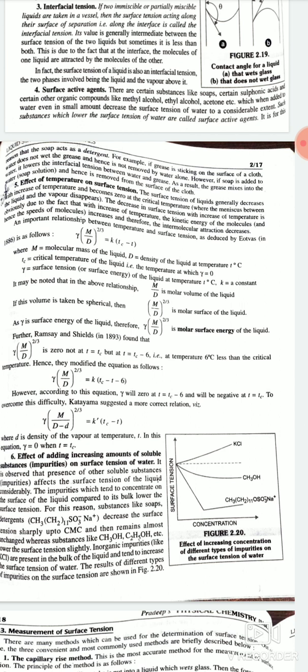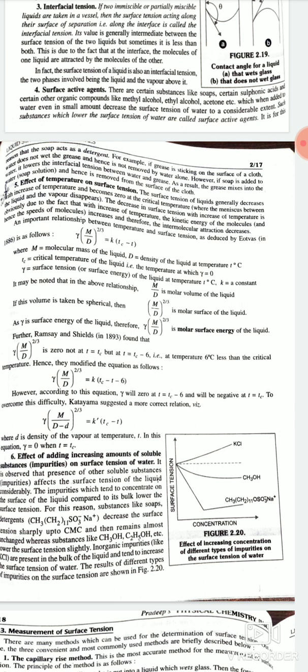Now, the sixth point is the effect of adding increasing amounts of soluble substances or impurities on the surface tension of water. It is observed that the presence of other soluble substances or impurities affects the surface tension of the liquid considerably. The impurities which tend to concentrate on the surface of the liquid compared to its bulk lower the surface tension.